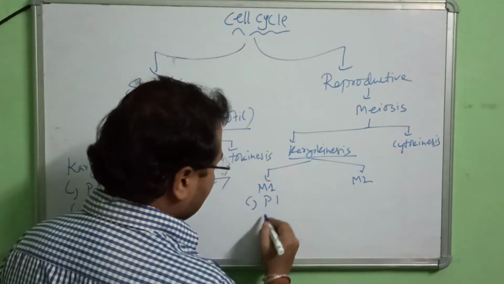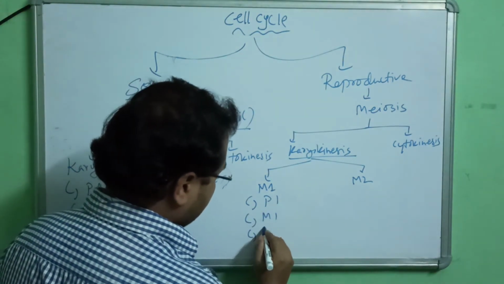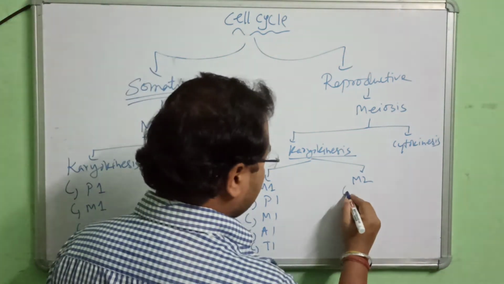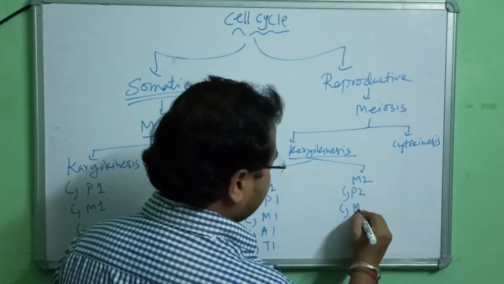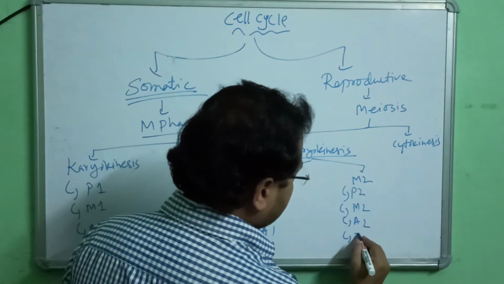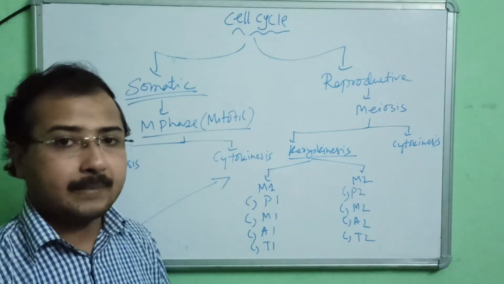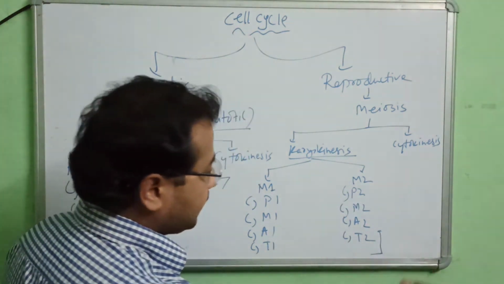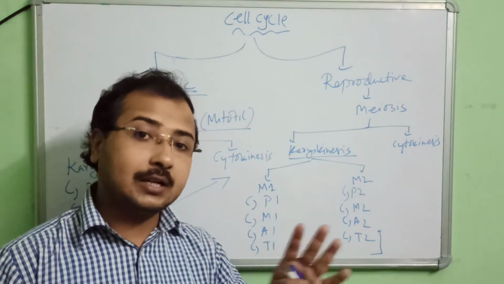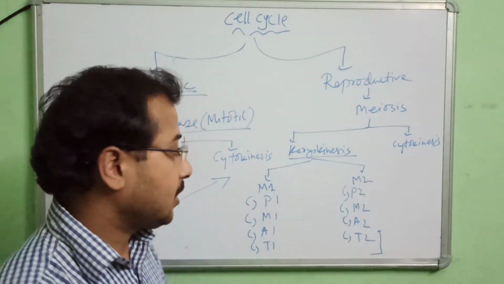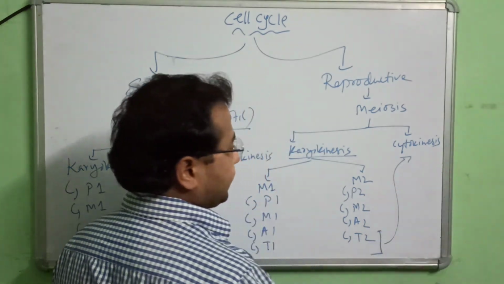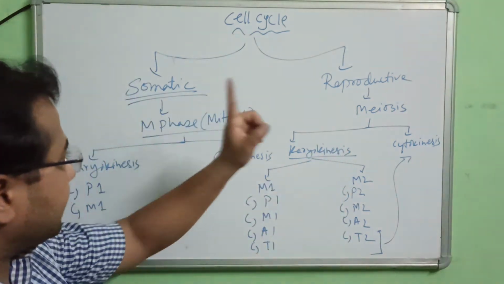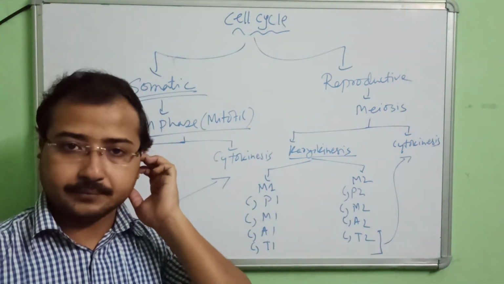Meiosis 1 has prophase 1, metaphase 1, anaphase 1, telophase 1, while meiosis 2 has prophase 2, metaphase 2, anaphase 2 and telophase 2. Clear? Once telophase 2 is done, the nuclear division of these cells is done. After this it will move to the cytokinesis process. So this is how the different cells undergo the process of division.